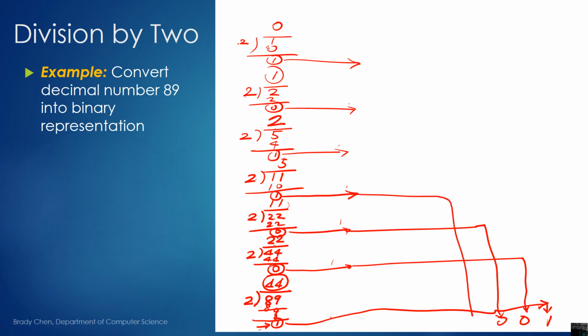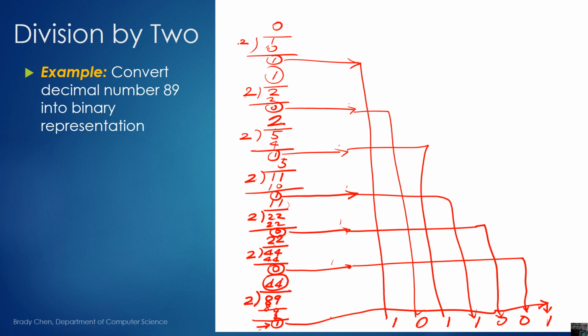Fourth remainder, 1. 1. 0. And a 1. So we got the binary representation 1, 0, 1, 1, 0, 0, 1. So the binary representation for 89 is 1, 0, 1, 1, 0, 0, 1.